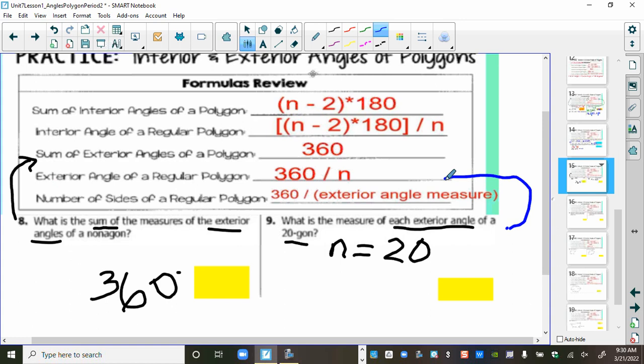So all we're going to be doing is 360 divided by 20. So what do we get? 18. So again, it's all about reading the problem. Read that problem, that's going to tell us what we use.